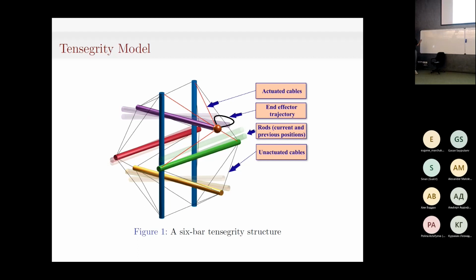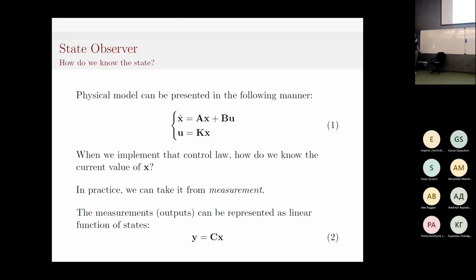which are affected by compression and tension. Rigid bodies are affected by compression, cables by tension. This tensegrity structure can be expressed in the form of a state space. You can see it in Formula 1, where x dot is our future state, A is a state space matrix, x is our current state, B is an input matrix, and u is our control with which we can affect our system.